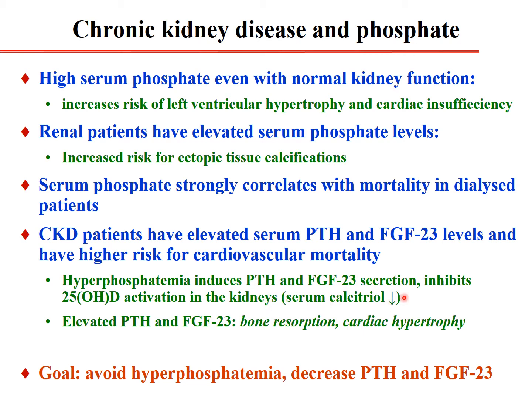This is why we have less active calcitriol. The elevated PTH and FGF23 cause bone resorption and cardiac hypertrophy. Our goal is to avoid hyperphosphatemia and decrease the PTH and FGF23 levels in chronic kidney disease patients.